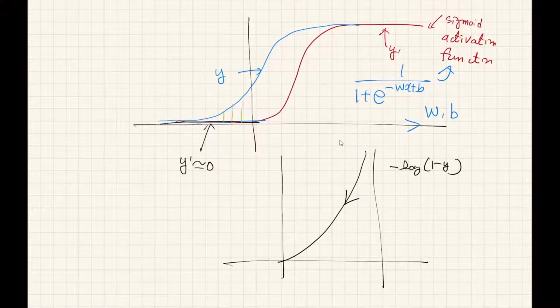So this difference corresponds to the cost function, the difference between them, that will be represented in this curve.